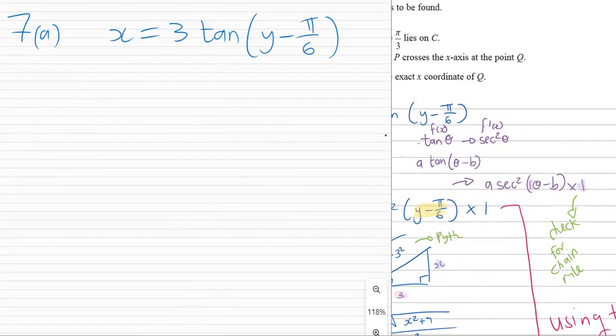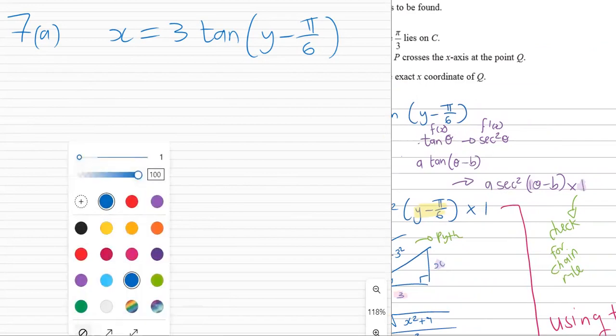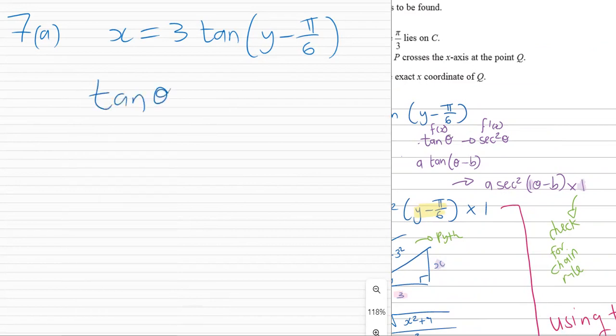But the first thing that we know for sure is that if you have tan of an angle in your f of x, then your f dash of x, your first derivative, is going to be sec squared x, or sec squared theta. So this, you can work it out yourself, but I just have it memorized at this stage. So we're using this rule first. Let's take a look.